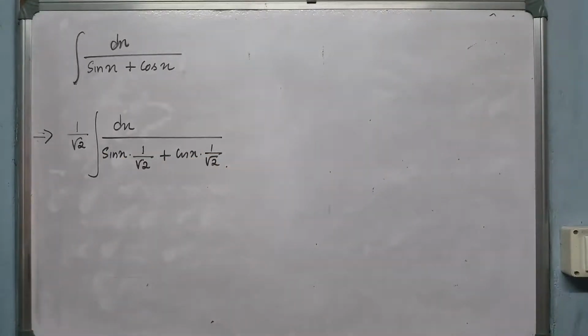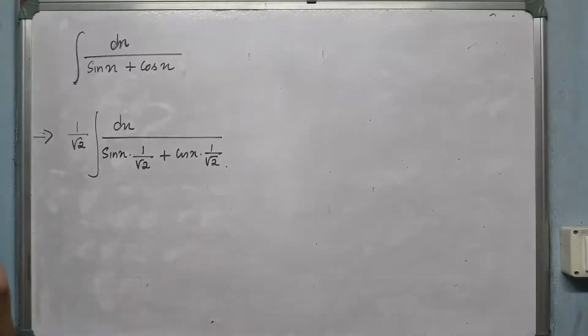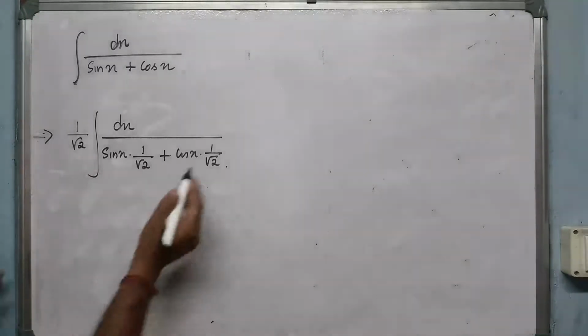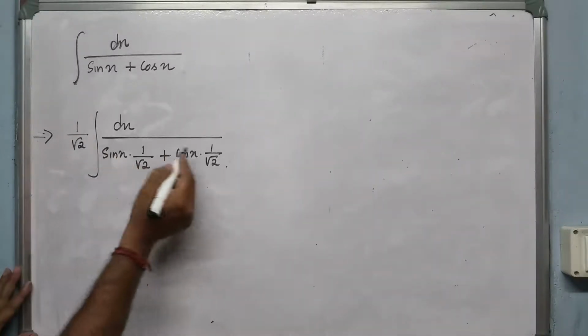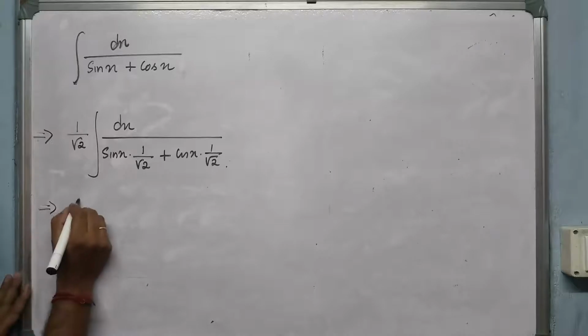Why am I choosing 1 by root 2 over here? In the trigonometry table, there is a common value: sin 45 is 1 by root 2, cos 45 is 1 by root 2, a common value of sin and cos. If you take 1 by root 2 common, 1 by root 2 and 1 by root 2 get cancelled.